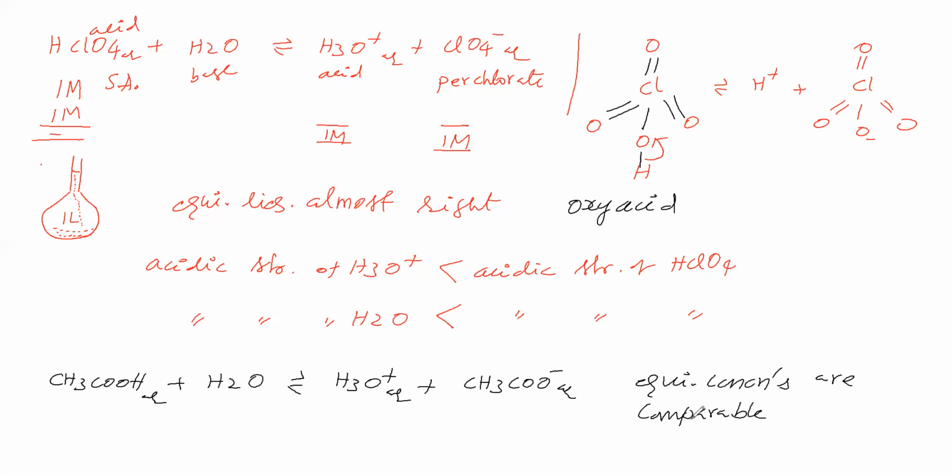Equilibrium concentrations are comparable, what does that mean? We cannot say whether equilibrium lies almost to the right or similarly to the left. That means we have to consider both the left side and the right side. But in the earlier case, we said equilibrium lies almost to the right, in the sense that the left side is almost not there, only the right side is present in the equilibrium solution.